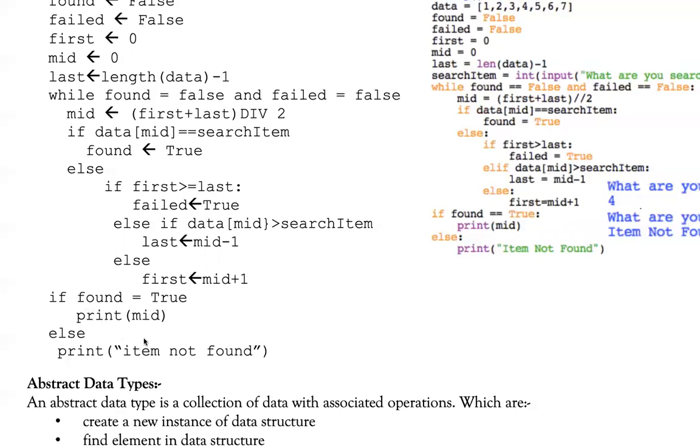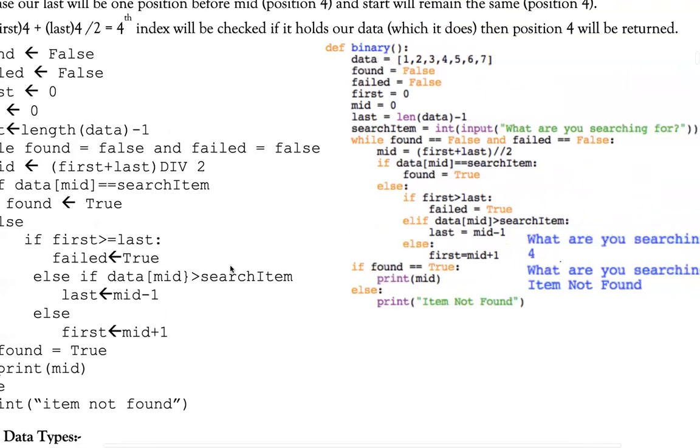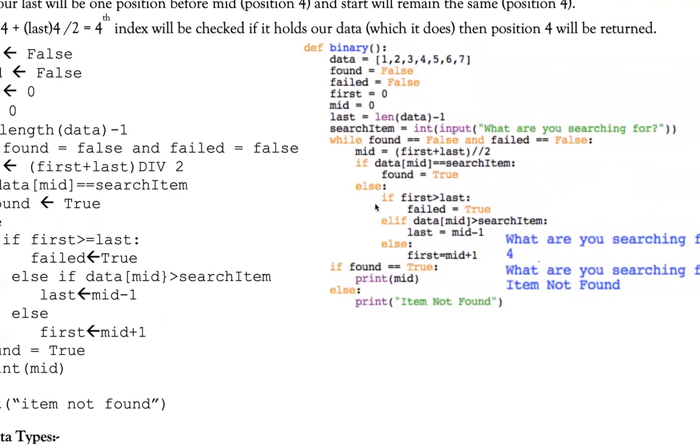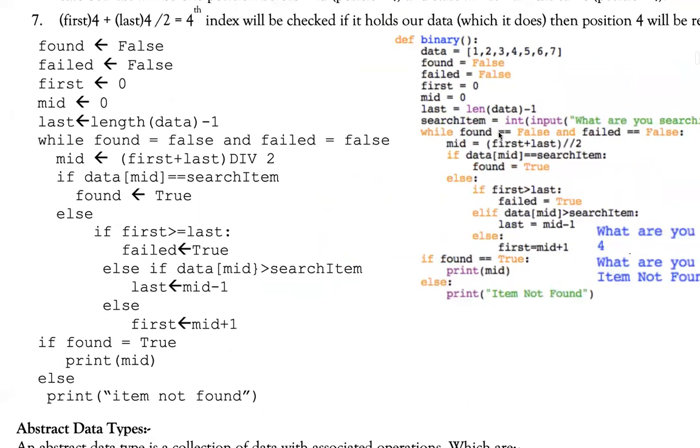In which case you will output the mid position at which I found the item. Else, I'll print item not found. So similarly, as you can see here, the Python code for this algorithm is pretty much the same.